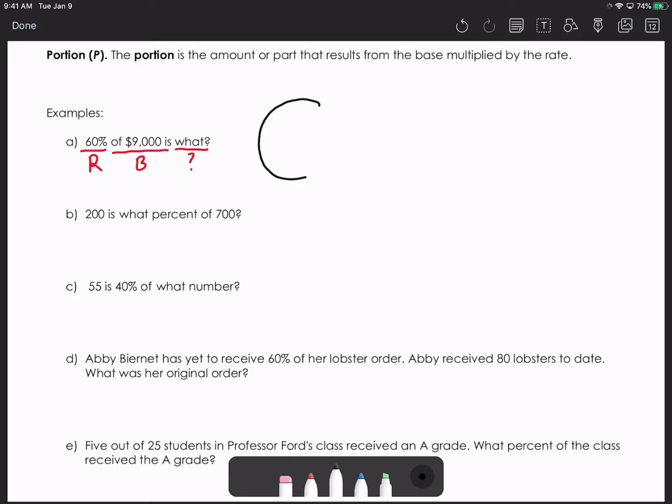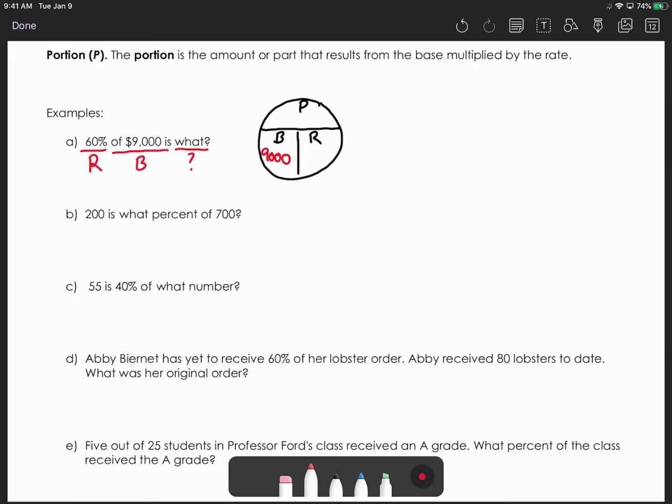So when I create my circle, remember P goes on the top, B goes on the bottom left, and R goes on the bottom right. So I'm going to put all the information into the circle. B is 9,000, so I'm going to put 9,000 in here. The rate is 60%.